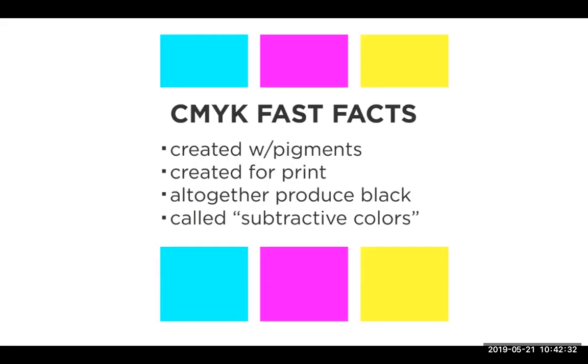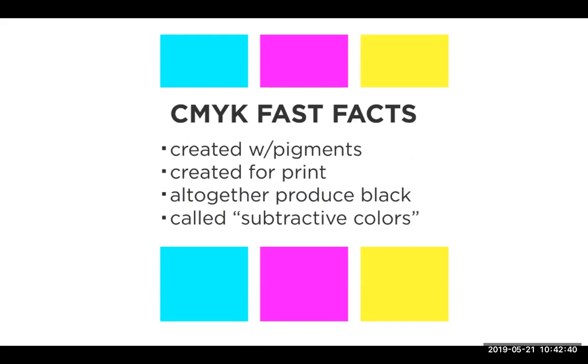Fabulous. Okay, so CMYK stands for cyan, magenta, yellow, and black. Fun fact, I think the K actually stands for key, not black, but we say black because it's easier. That's one of those fun random facts of knowledge that you periodically pick up as a designer.